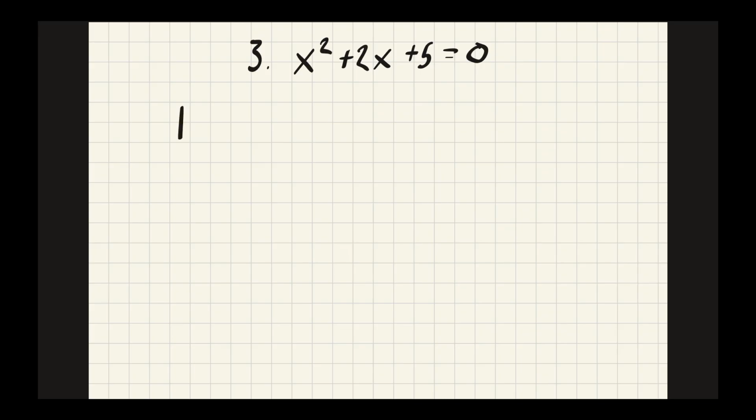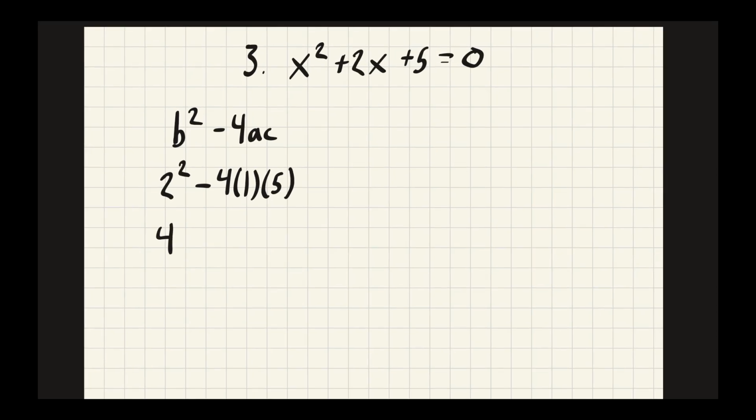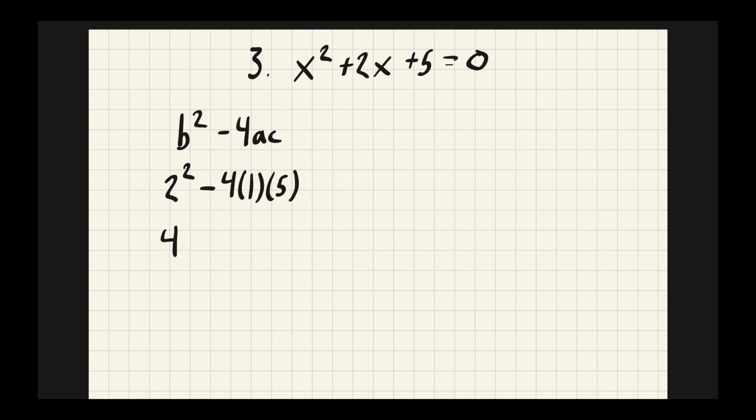And finally, question 3 is x squared plus 2x plus 5. So let's find the discriminant, b squared minus 4ac. b is 2. 2 squared minus 4 times a, which is 1, times c, which is 5. 2 squared is 4, and then minus 4 times 5 is 20, so minus 20 equals negative 16.